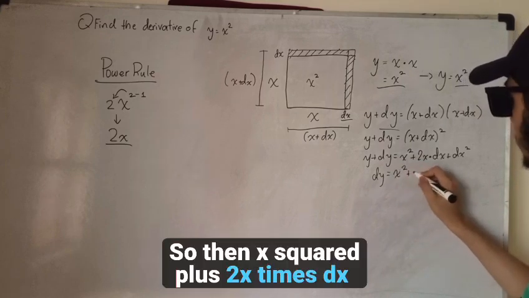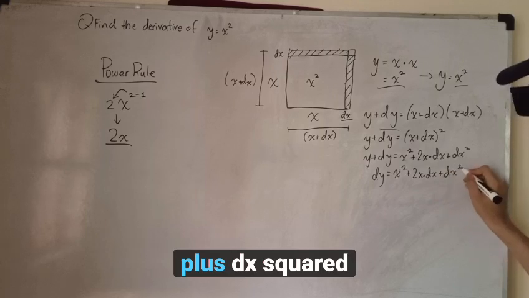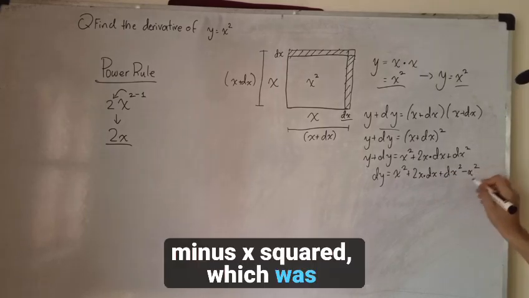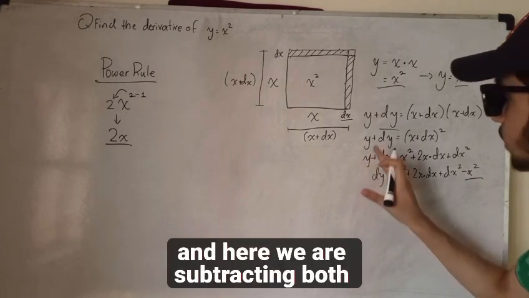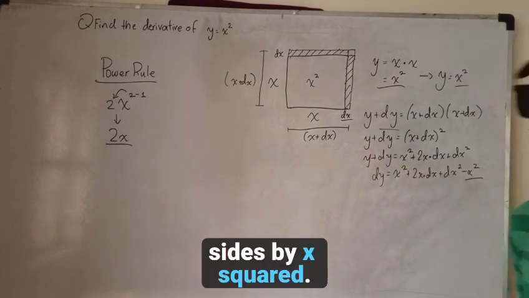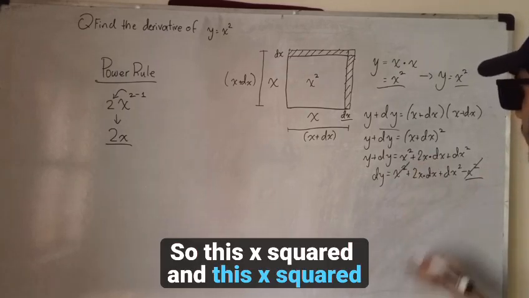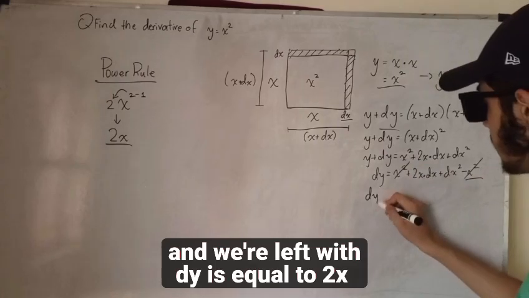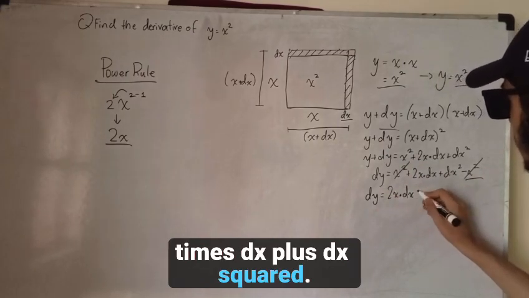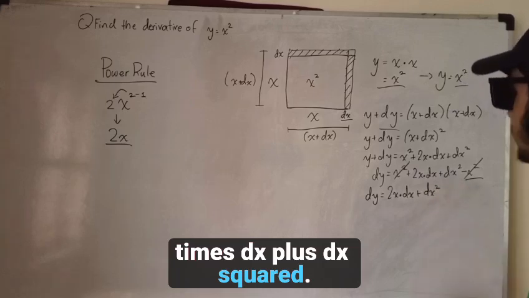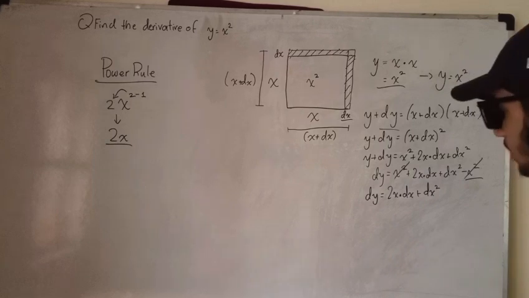So x squared plus 2x times dx plus dx squared minus x squared. This x squared and this x squared cancel out, and we're left with dy is equal to 2x times dx plus dx squared.